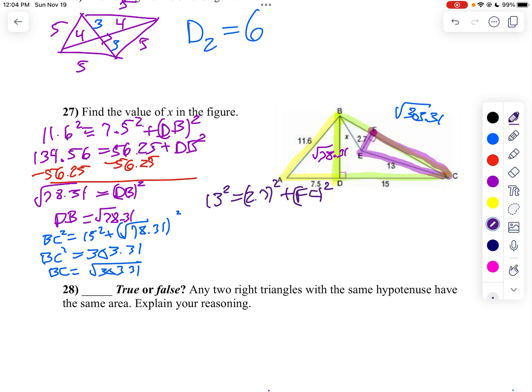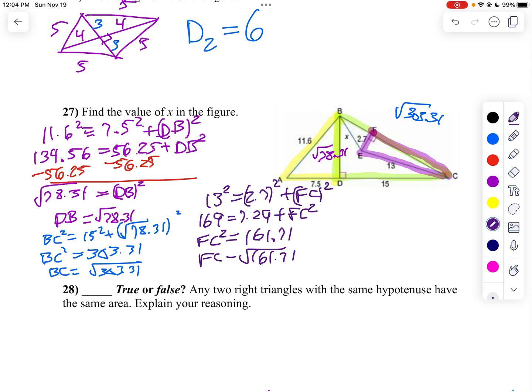Well, that's 169 equals 2.7 squared, which is 7.29, plus FC squared. And then I'll subtract 7.29 from both sides. So FC squared is going to be 161.71. So in other words, FC is the square root of 161.71.